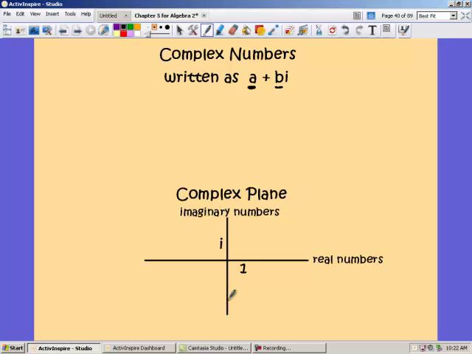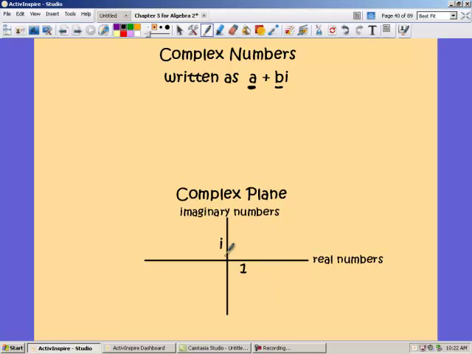So when we look at the a, this is kind of like the x. We're going to go over so many, and then we're going to go up or down however many i's there are, which would be your b. So up or down on the y-axis.